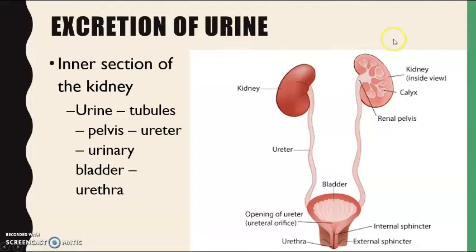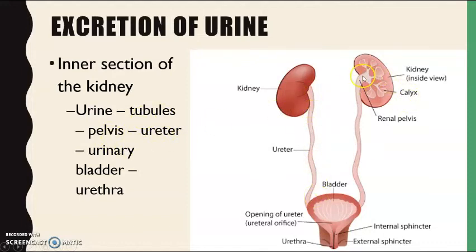Ayan. So, yung pelvis natin kanina dun sa parts of the kidney. So, mapupunta siya dun. Galing dun sa tubules. Pupunta sa pelvis. And then, after that, the pelvis is connected to a tube called the ureter. So, ureter. Ito naman yung ureter.